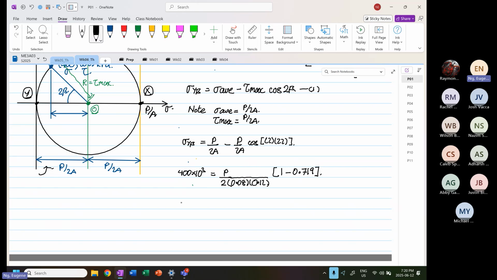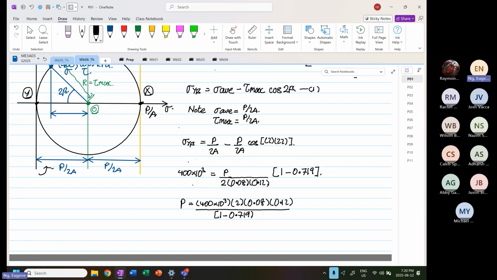So P is equal to 400 times 10 to the power 3 multiplied by 2, 0.08, 0.12, and then divide by 1 minus 0.719. So let me do cos 44 first.